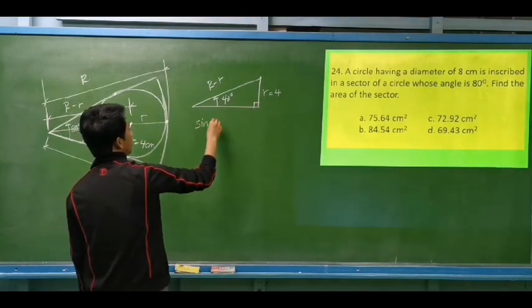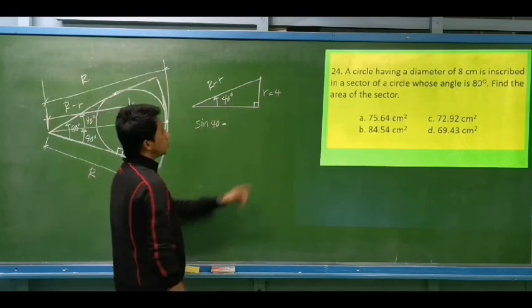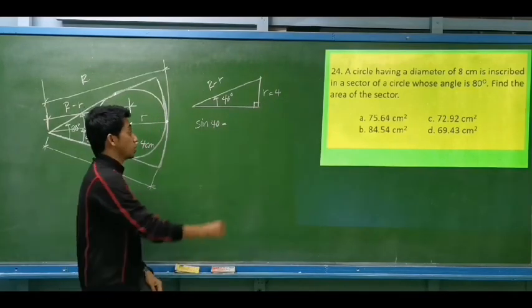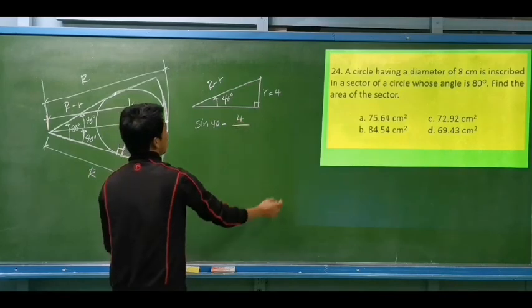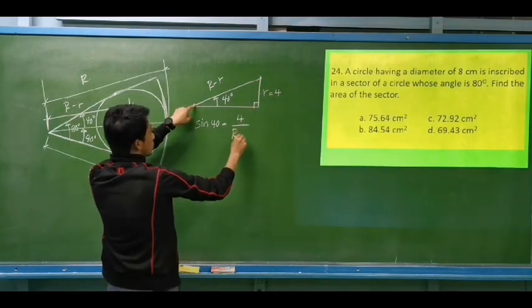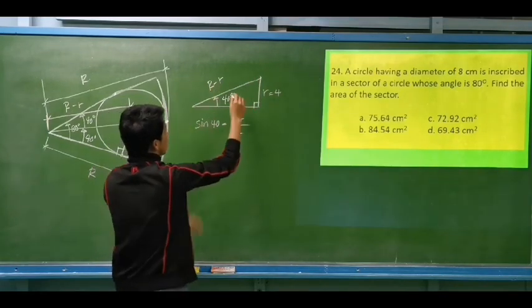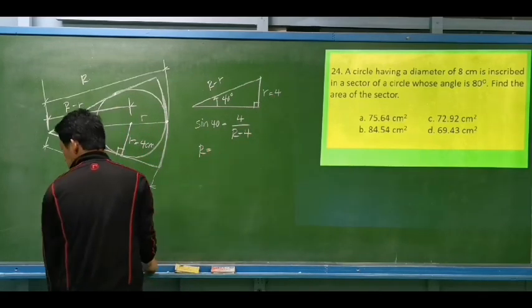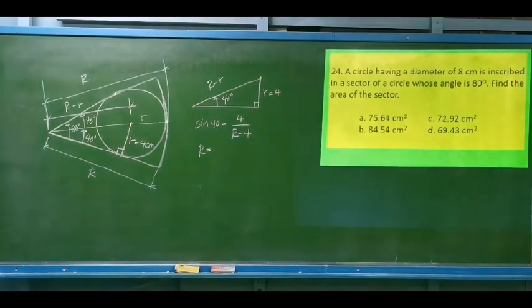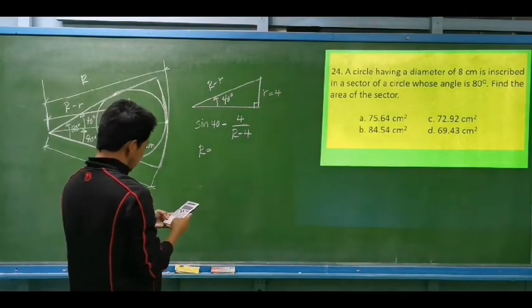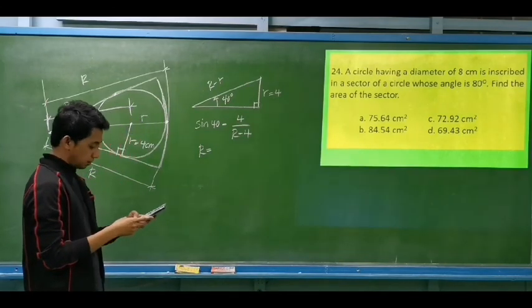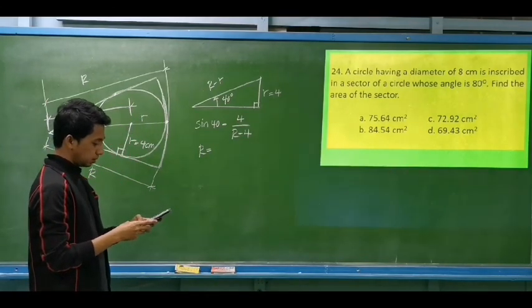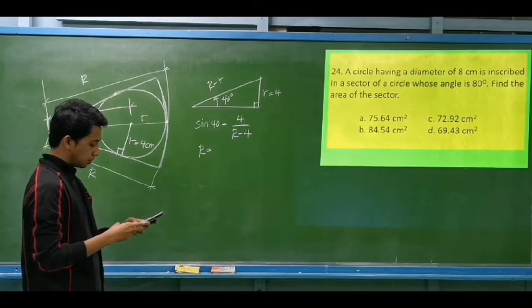The sine of 40 degrees is equal to opposite, yung radius ng circle sa loob, that is 4, divided by hypotenuse, the radius of the sector minus r, yung r natin, that is 4. Makuha natin yung radius ng sector. So we have the radius of the sector is equal to 4 over sine of 40 plus 4.